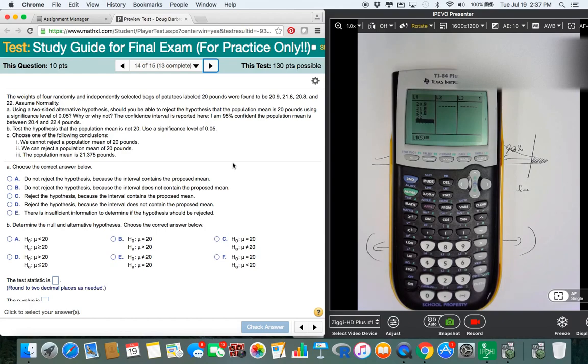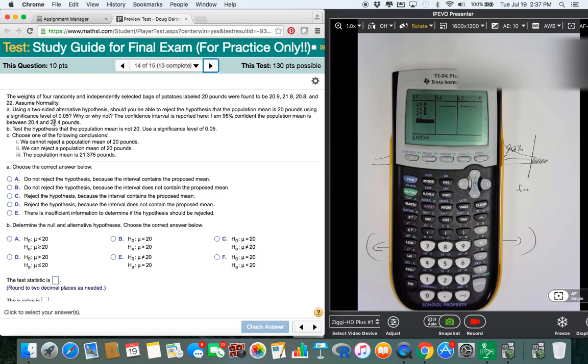Okay, what are we doing here? Part A, using a 2-sided alternative hypothesis, you should be able to reject the hypothesis that the population mean is 20 pounds using a significance level of 0.05. Why or why not? The confidence interval is reported here. I'm 95% confident that the population mean is between 20.4 and 22.4.